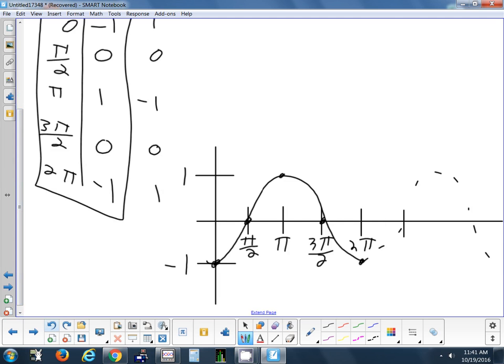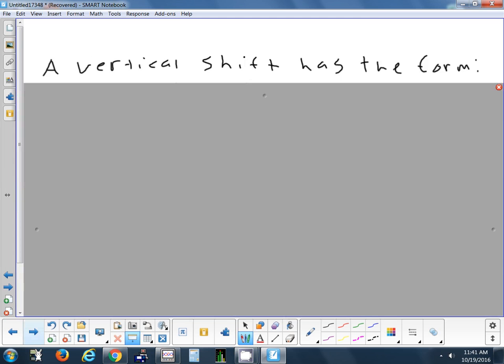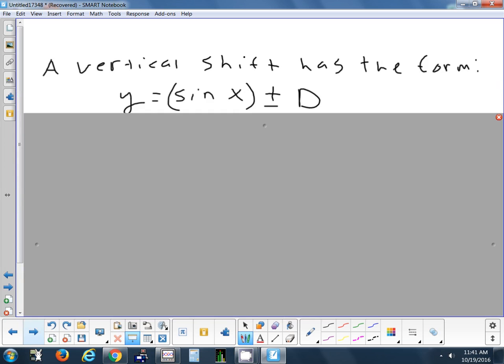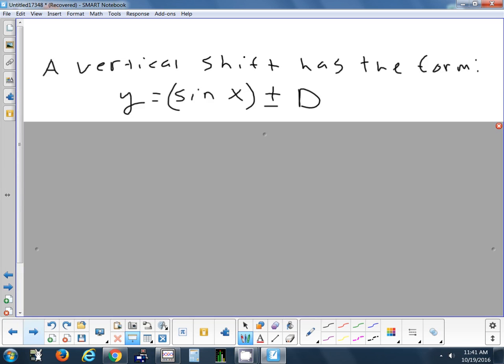And the period change, I think the arithmetic is even easier. I'm sorry, vertical shift. Okay, vertical shift arithmetic is very easy. So a vertical shift has the form sine, or it could be cosine, either one. And you're adding a number onto the end.